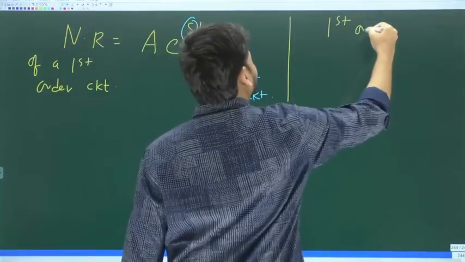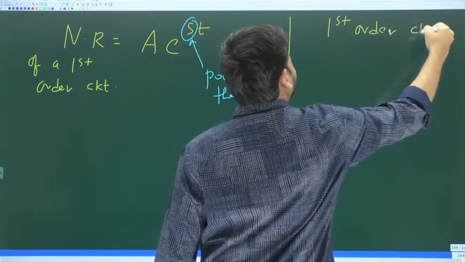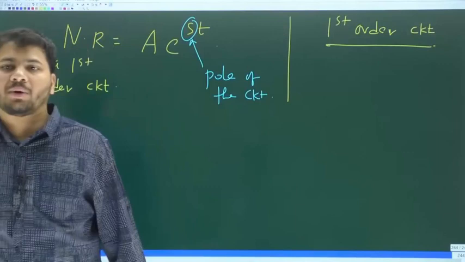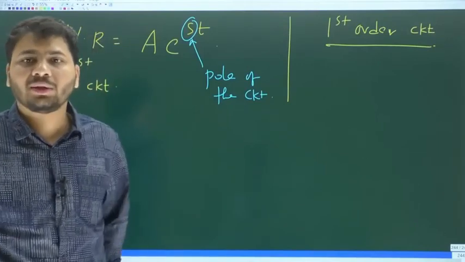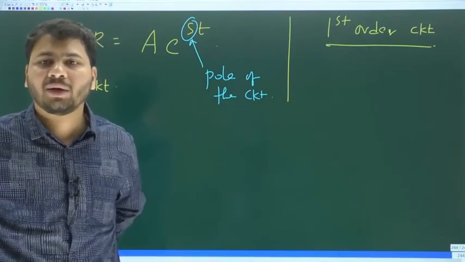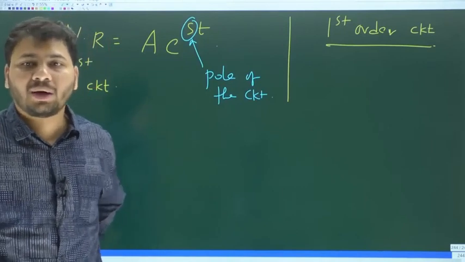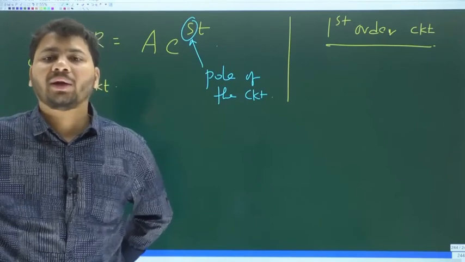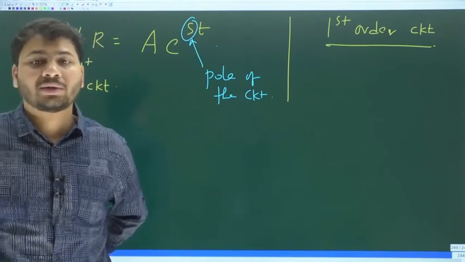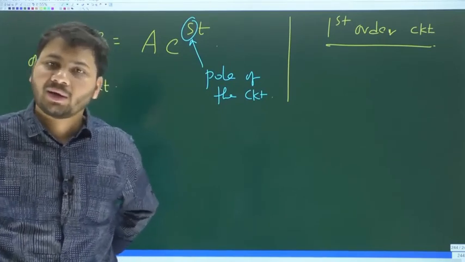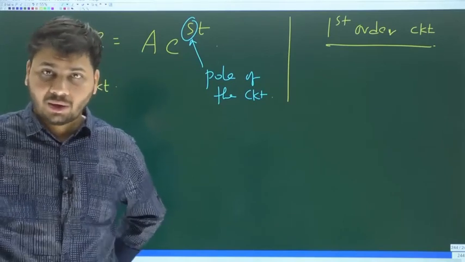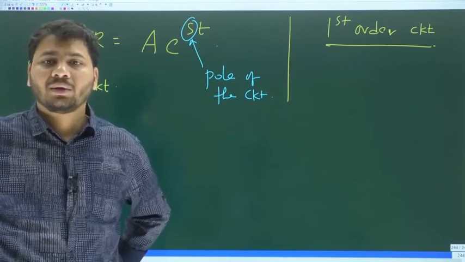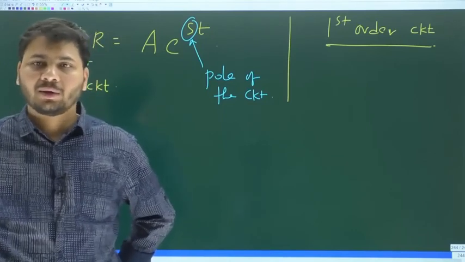For a first order circuit, can you tell me what is the location of the pole in the S plane or in the complex plane? Please type in the chat box. What's the relation between the pole location and the time constant? Any first order circuit, is it not characterized by a time constant tau, which is either R equivalent times C equivalent or L equivalent by R equivalent?